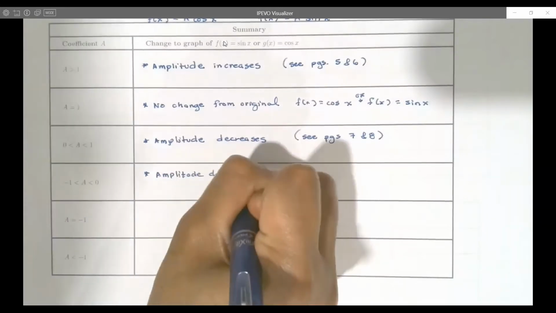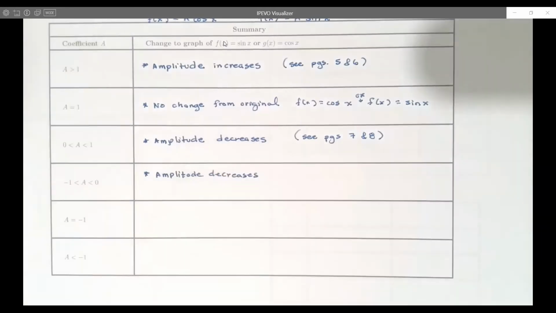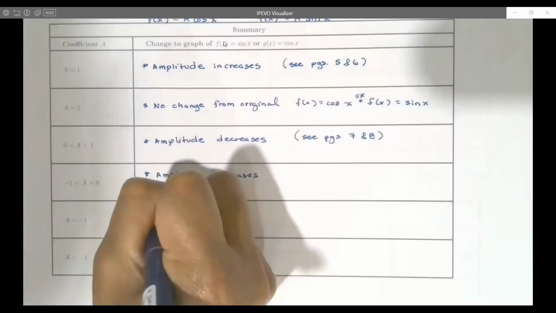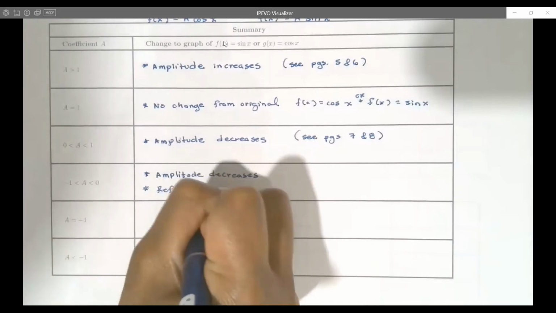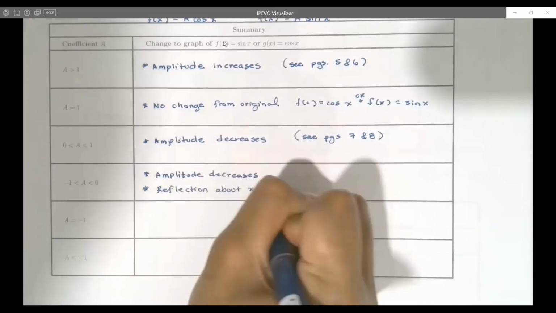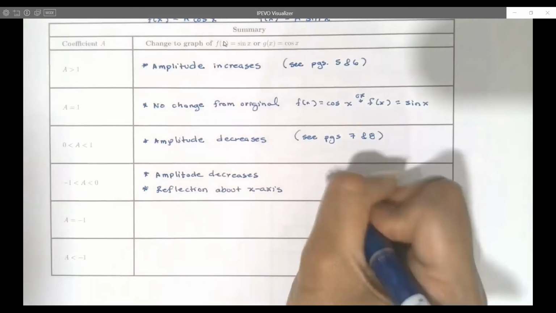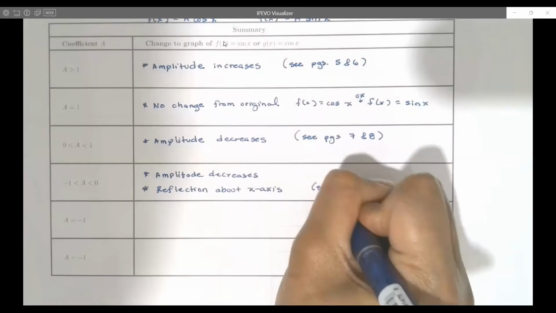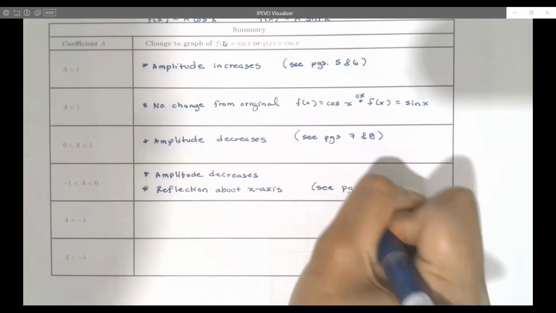What else is going to happen? A reflection about the x-axis? Yeah, very good. It's going to reflect about the x-axis because of the negative, right? Good. So for this one, we can see an example on page 10, the one we just did.